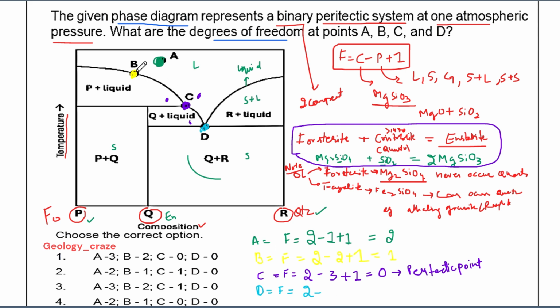If you are coming from this side, from our melt composition, means the composition of the magma, this is a center point, right? Or means eutectic point. D is the eutectic point. I will draw dotted lines. If our composition is lying toward our left.